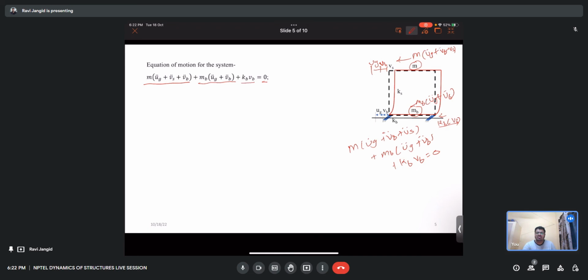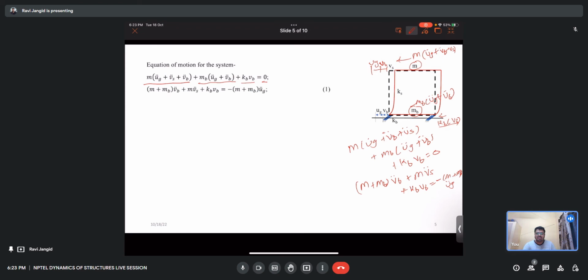If you solve it further, taking the u_g terms to the opposite side, the equation becomes (M plus m_b) times v_b double dot plus M times v_s double dot plus K_b times v_b is equal to minus (M plus m_b) times u_g double dot.